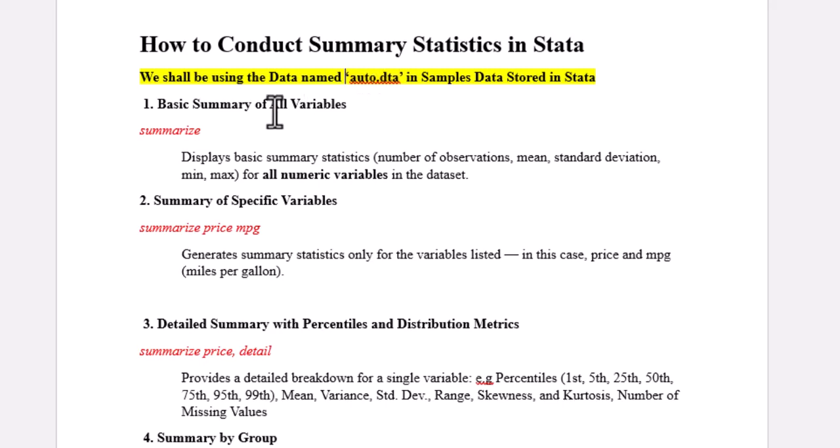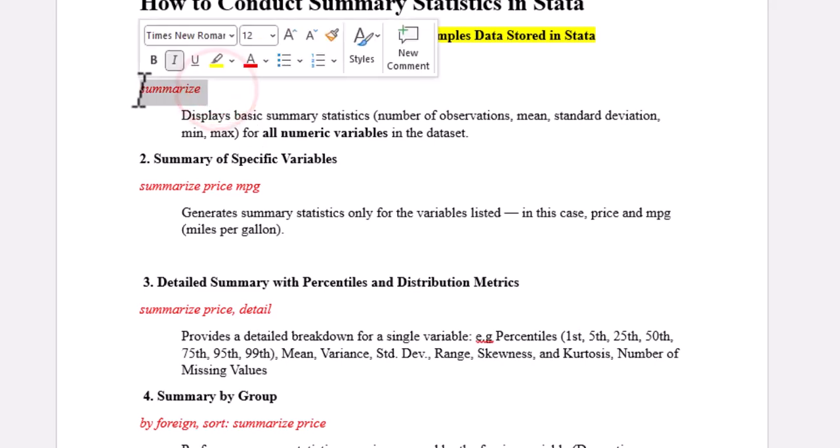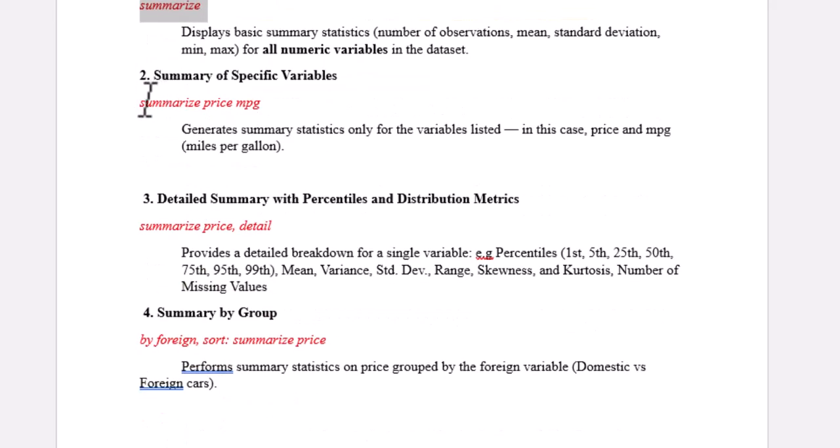So we shall be learning several things when we are conducting the summary statistics. The first one is the basic summary statistics of all variables, whereby we use the summarize command. Then we shall also be running the summary of specific variables, maybe two variables, price and MPG.